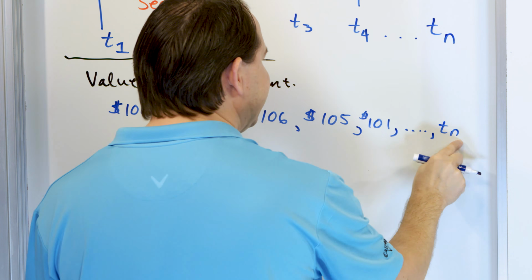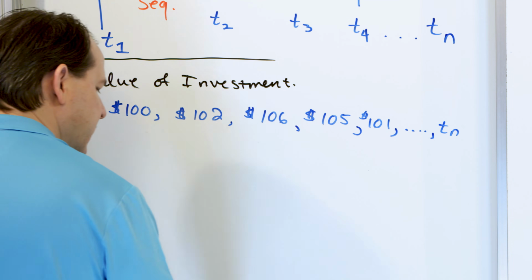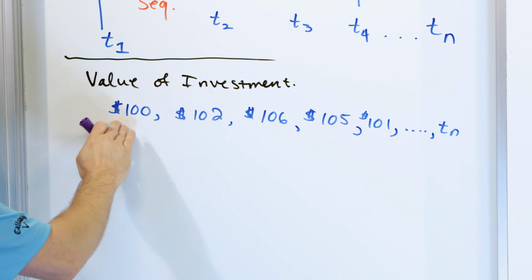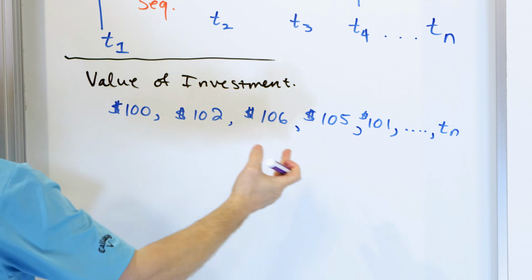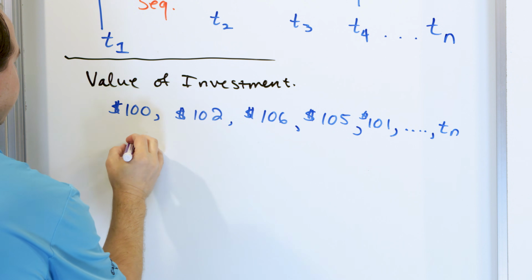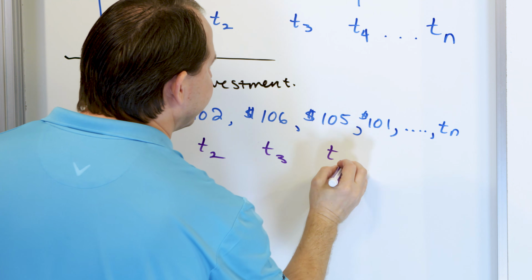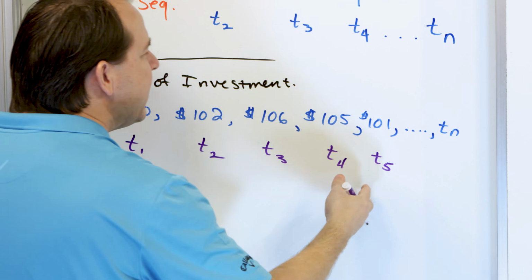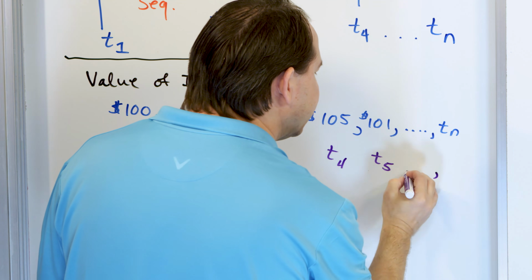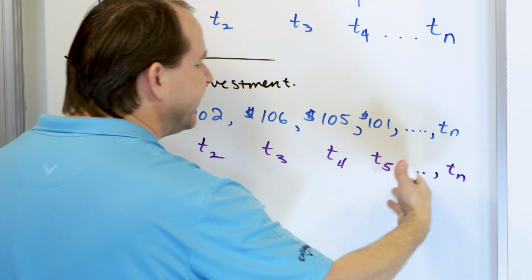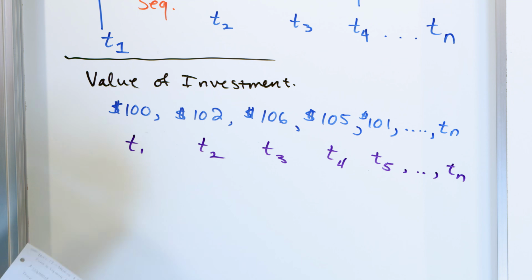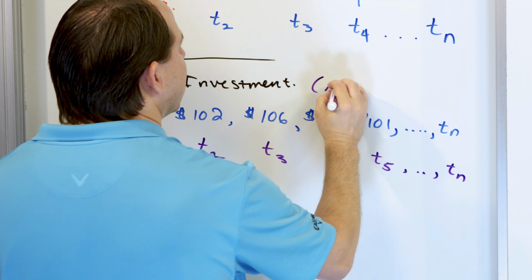You need to get used to seeing this t sub n being out there. So these are the terms of the sequence, and you label them just like we did the ones before. So this will be term number 1, term number 2, term number 3, term number 4, term number 5, and you might have more measurements, but eventually you're going to get to some term n, some however many measurements out in the future. And again, there's no pattern to this one, so I'll put no pattern.